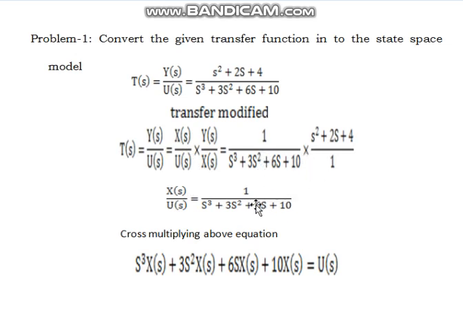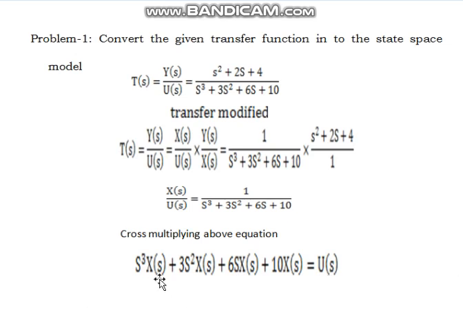The first transfer function taken is 1 by (s cube plus 3s square plus 6s plus 10), which is X(s)/U(s). By cross multiplying, s cube X(s) plus 3s square X(s) plus 6s X(s) plus 10 X(s) equals U(s).